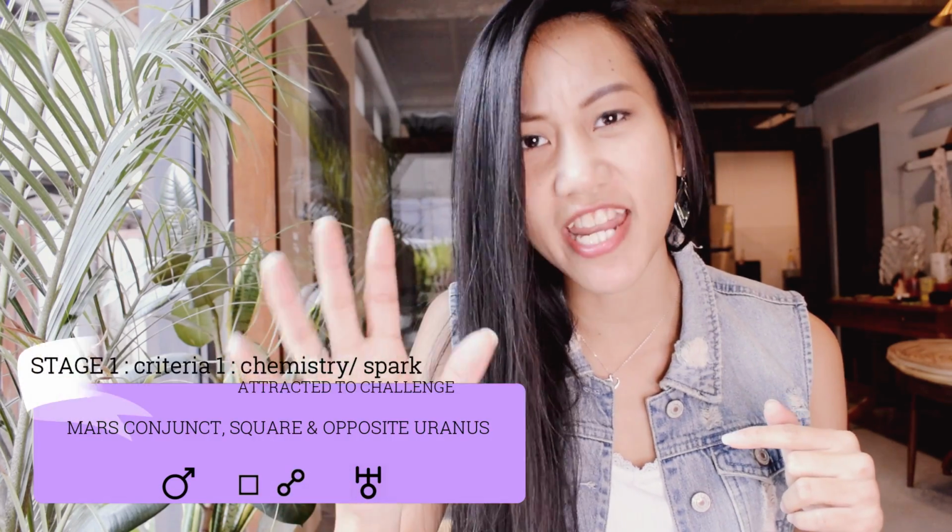The next challenging aspect that can be very exciting and can cause the two people to have a lot of chemistry is to have a Uranus square or opposite Mars in the composite chart, and even the conjunction.